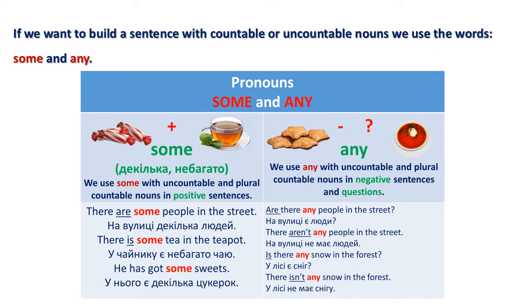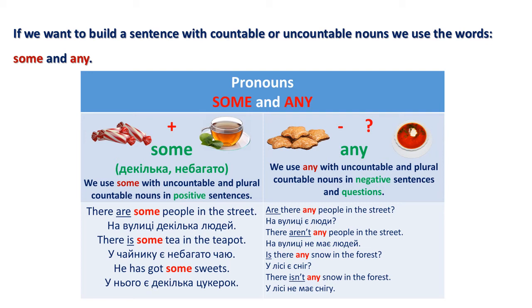We use some with uncountable and plural countable nouns in positive sentences. There are some people in the street. There is some tea in the teapot. He has got some sweets.